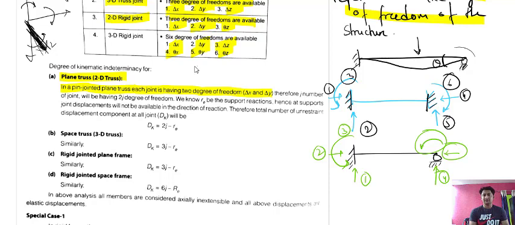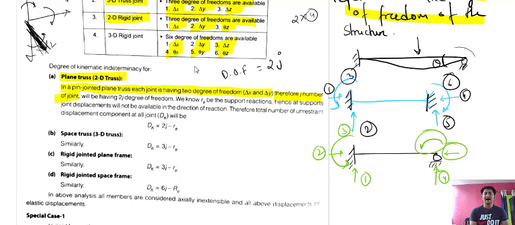Therefore, j is the number of joints in a truss, and the degrees of freedom available will be twice the number of joints. Suppose there are 4 joints, and every joint has 2 degrees of freedom, so 4 joints multiplied by 2 gives the available degrees of freedom.